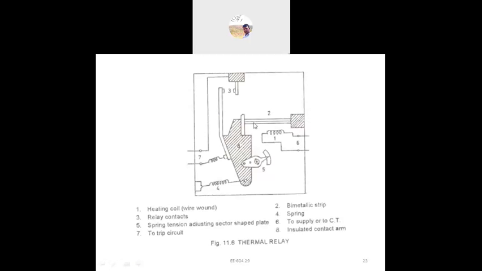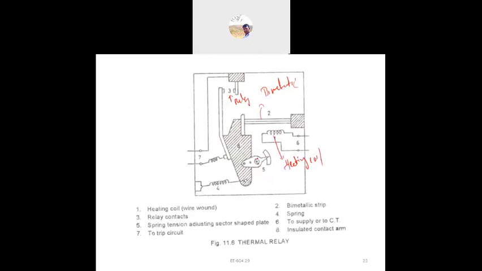So this is the thermal relay. Here is the bimetallic strip, and here we can see the heating coil. Third, we have the relay contacts.